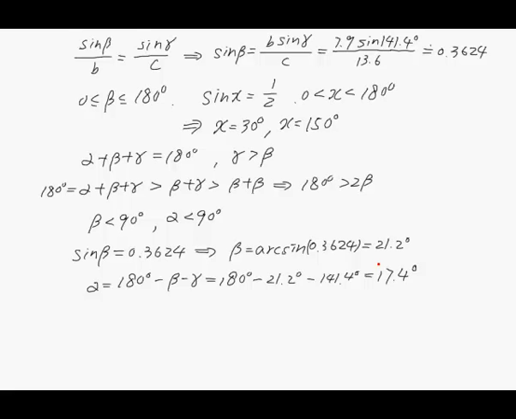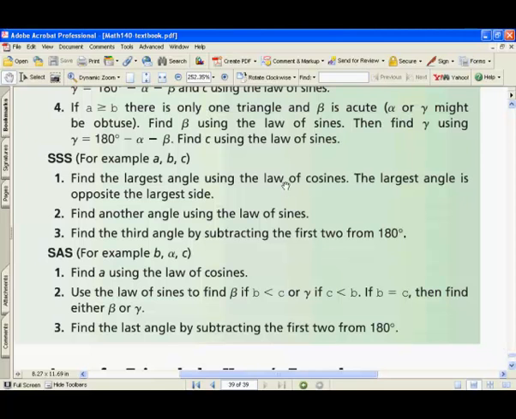Any question? So remember this. When you have the three sides of a triangle, first find the largest angle, which is opposite the largest side. Okay? And this is summarized on page 592. So you know a, b, c. So first, you find the largest angle using the law of cosines.